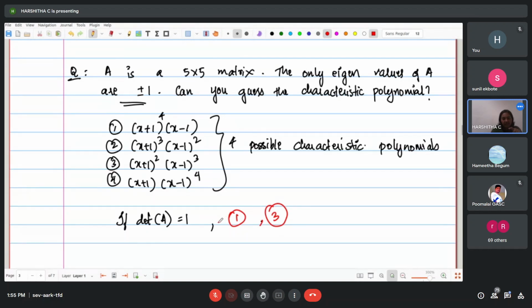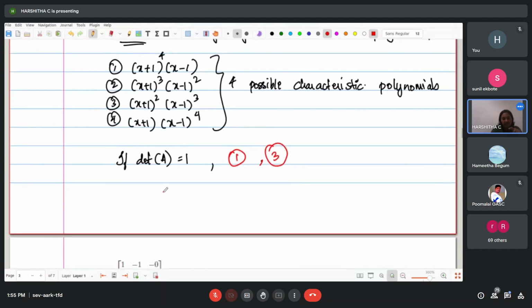So that means the eigenvalue is minus 1. How did you write minus 1? What is the elementary step you did to get minus 1? Take x plus 1 to the power of 4 into x minus 1. What are the roots? Minus 1 is occurring 4 times, right? And 1 once.